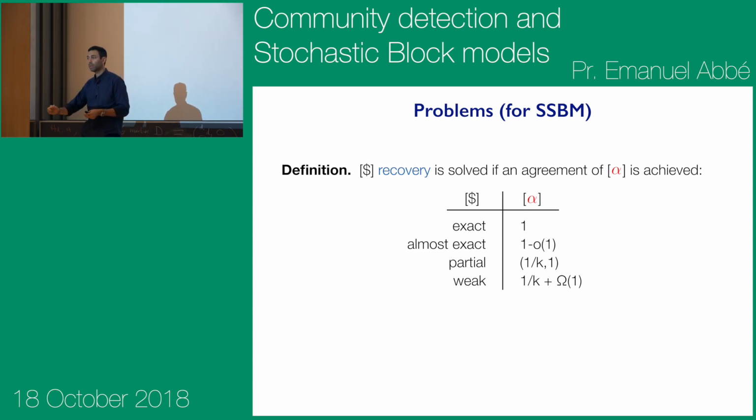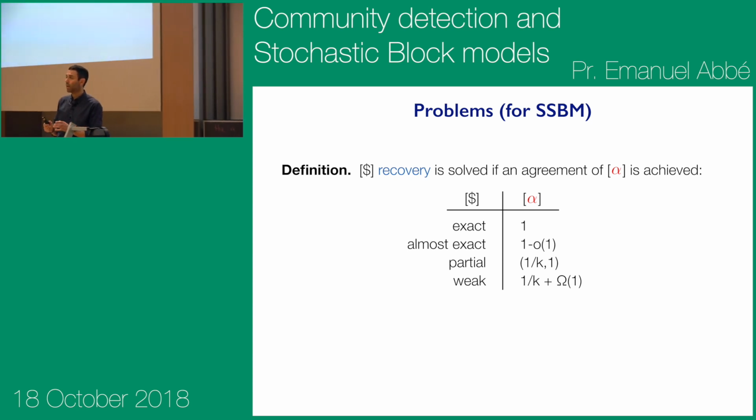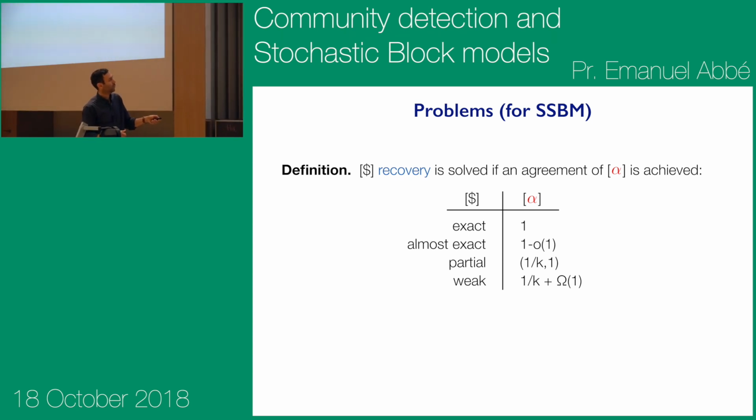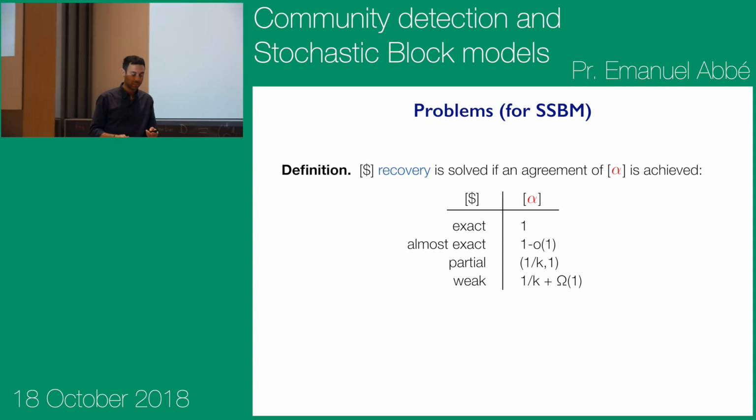But now I ask you to get 51% in the limit. That's the first time you extract some meaningful clusters. 51% is very poor, but it's detecting something. So that's weak recovery, and anything in between weak and almost exact or exact is partial recovery, whatever, 70% could be your target.